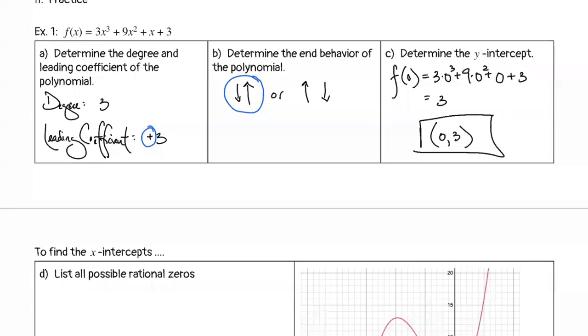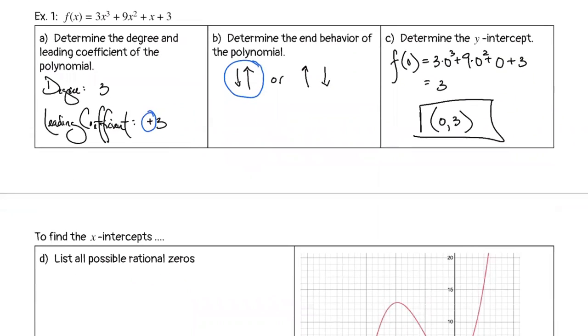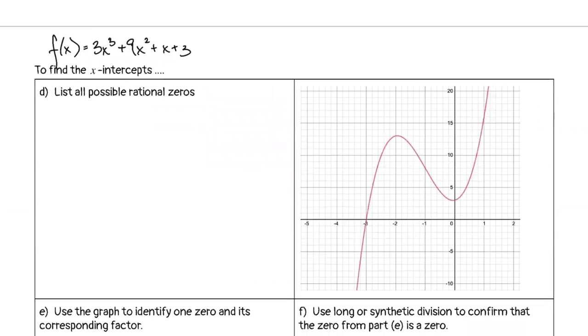Now let's go ahead and copy this. Okay, that's fine. We'll just write it again. If we are looking to apply that rational root theorem, or rational zero theorem, we want to list all the possible rational zeros. So we'll start with our plus or minus and draw that fraction line.